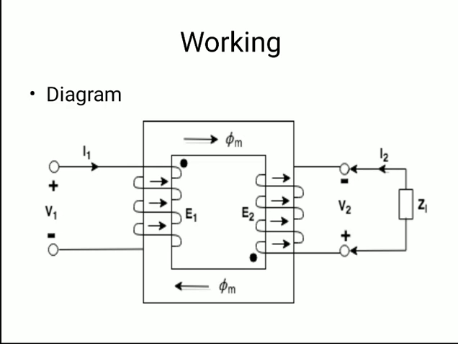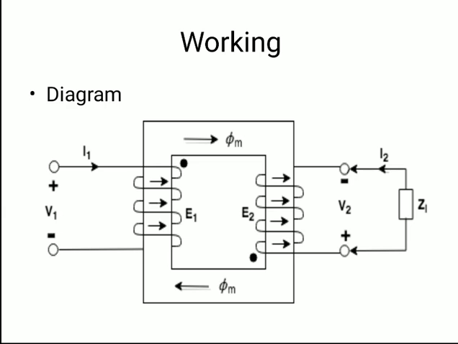We are not giving any supply to this winding, but because the flux travels from primary to secondary and is a variable flux, according to Faraday's first law, whenever the flux linked with a coil changes, or whenever a changing flux links with the coil, EMF gets induced in that coil.